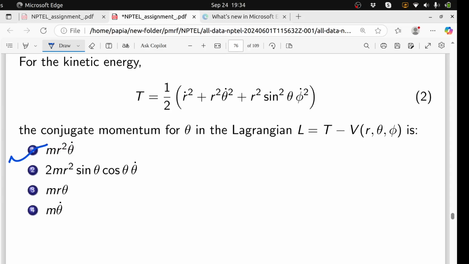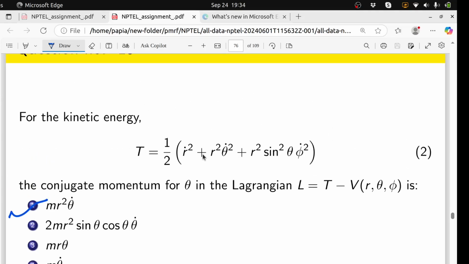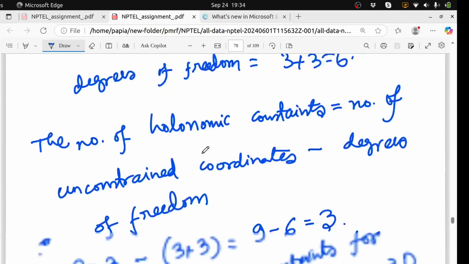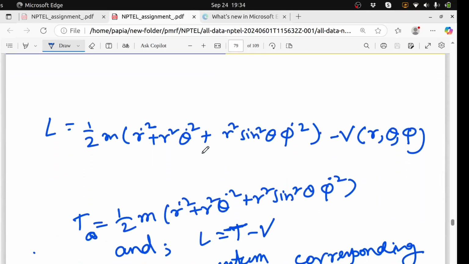So for this case, we have the kinetic energy with r dot squared plus r squared theta dot squared plus r squared sin squared theta phi dot squared, and the conjugate momentum for theta in the Lagrangian L equals T minus V(r, theta, phi). To calculate that, we just write the Lagrangian, which is half m (r dot squared plus r squared theta dot squared plus r squared sin squared theta phi dot squared) minus V(r, theta, phi).